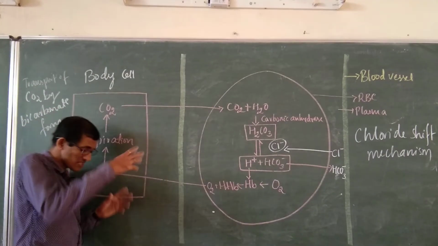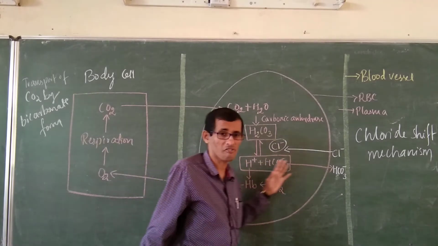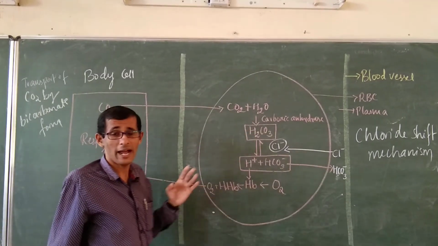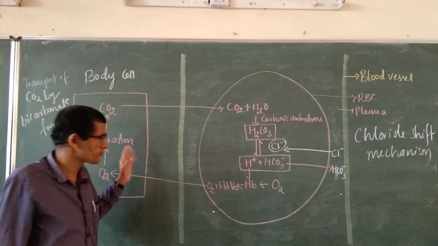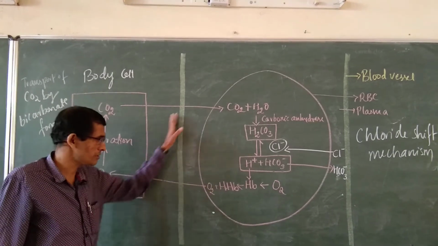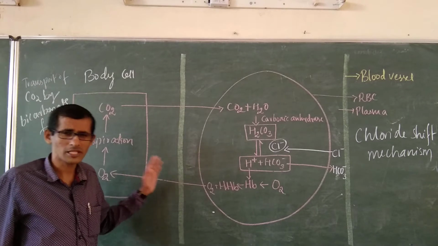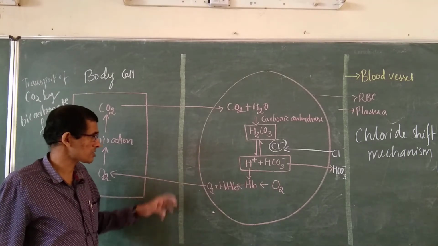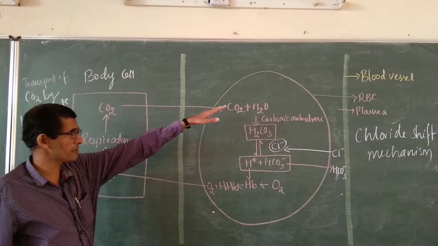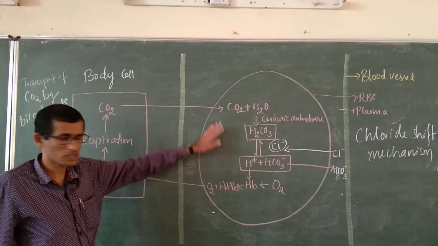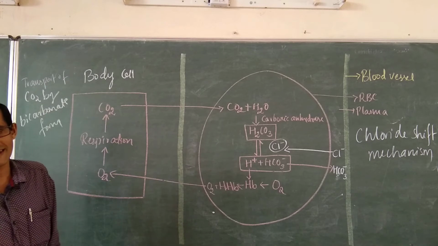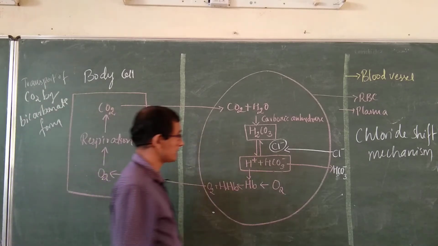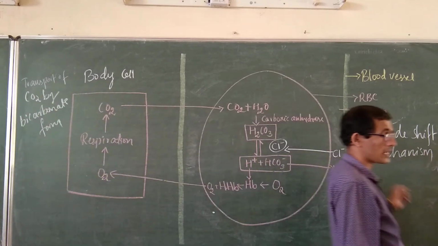This is the representation of that 70% transport of carbon dioxide as bicarbonate ion. This diagrammatic representation is not written like this in the textbook; I just made it so that it is easy to understand how it happens. Blood vessel, RBC, plasma. This is the process of transport of carbon dioxide as bicarbonate ion, and it explains the chloride shift mechanism.